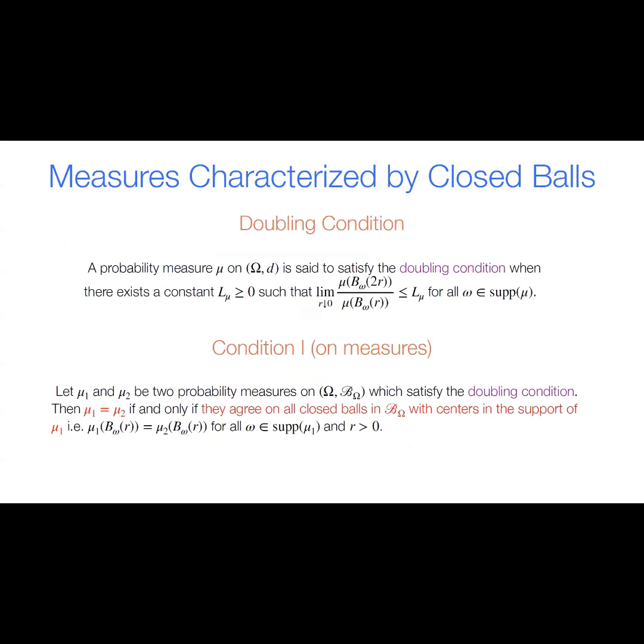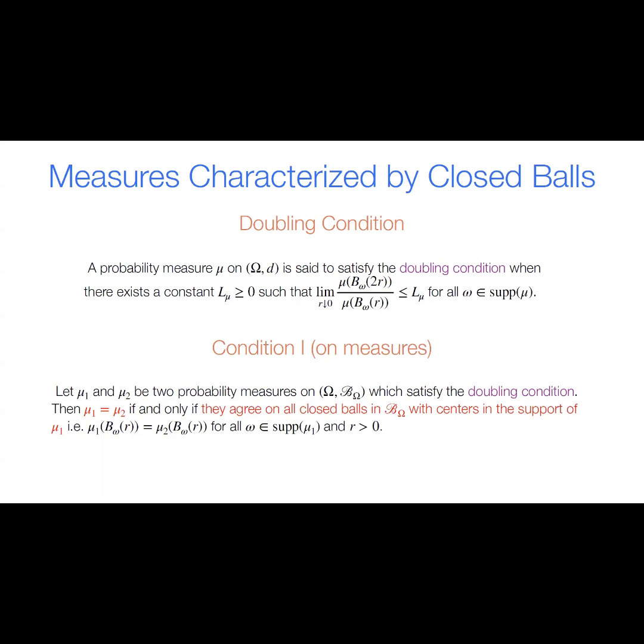The first situation that I'm going to talk about is a condition on the measures, which is referred to as the doubling condition. A probability measure mu is said to satisfy the doubling condition if its rate of growth for very small radius is uniformly upper bounded by a constant.